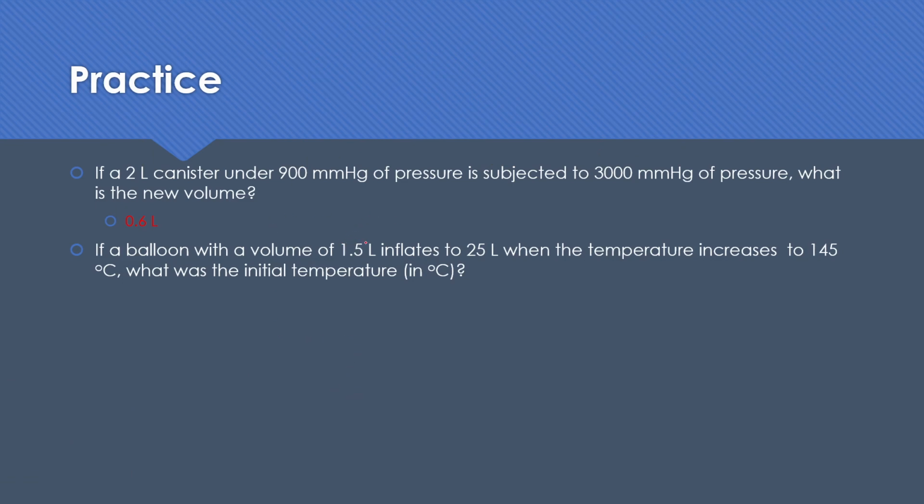Okay, so here I'm doing V1 over T1 equals V2 over T2. Okay, here's my V1, here's my V2, and here's my T2. So I'm looking for T1, which is equal to V1 T2 over V2, which is equal to, again, remember I need to convert this to Kelvin, so add 273.